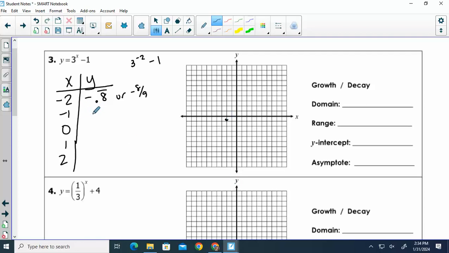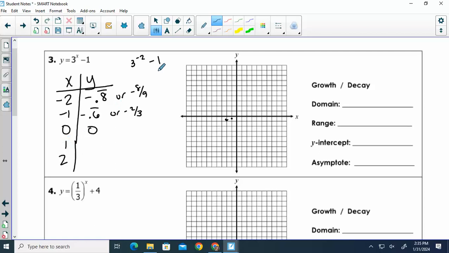If I put in negative 1, I get 3 to the negative 1 minus 1. That's a negative 0.6 repeating, or a negative 2/3. So I'm still getting a negative, but not quite as small. If I put in 0, 3 to the 0 minus 1, what do you get? 3 to the 0 is 1, minus 1 is 0.